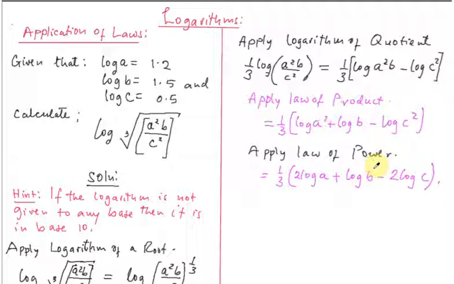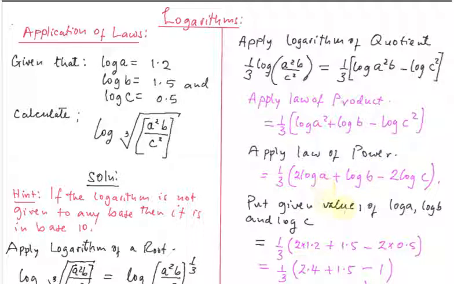So you apply that, and then put in the given values. After reaching this point, you see that you have simplified everything. Now you just have to introduce what is given. You are given log of a, log of b, and log of c. So we apply the values given here.